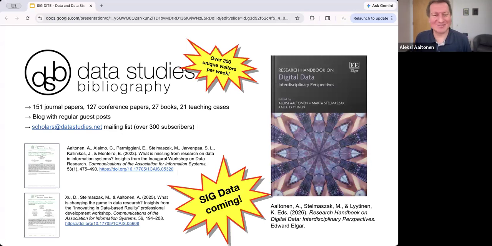So, the last thing, what's happening in data studies. We already mentioned the Data Studies Bibliography that I have posted in the chat, where we have collected a carefully curated resource of high quality papers on data from key journals and conferences.